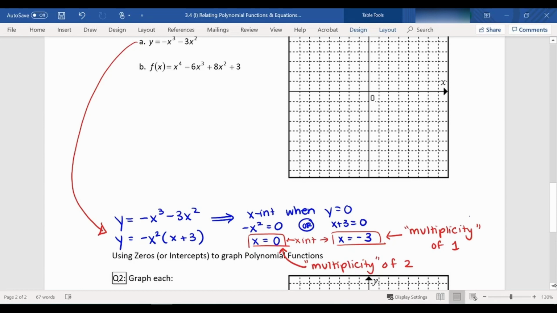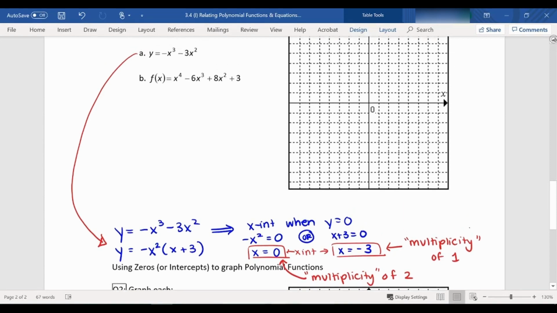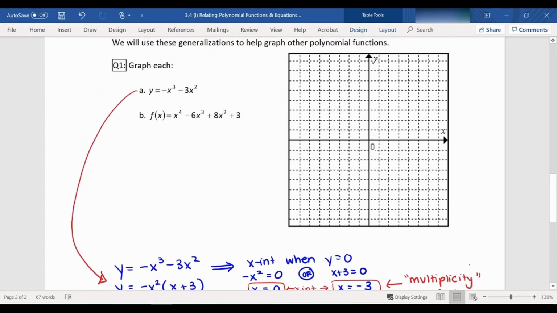Okay. So I also can use these equations to find y-intercepts, which can help us graph as well. I know that my y-intercept happens when x is equal to 0. So if I plug x equals 0 into this equation, that means my y-intercept would be 0, because if I plug x is 0 in here, I get 0.